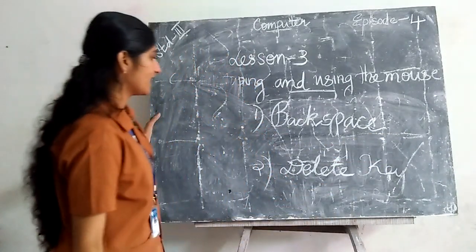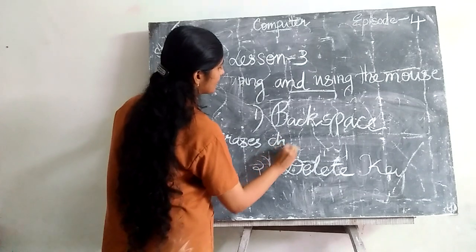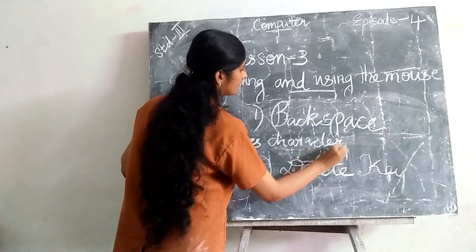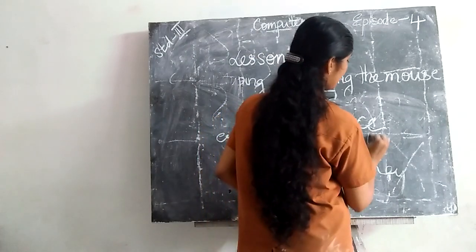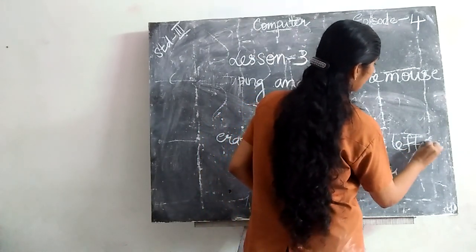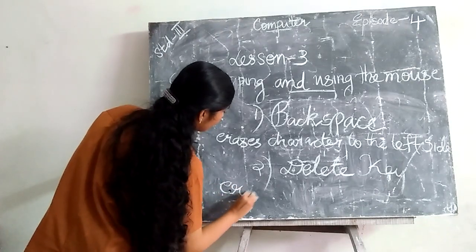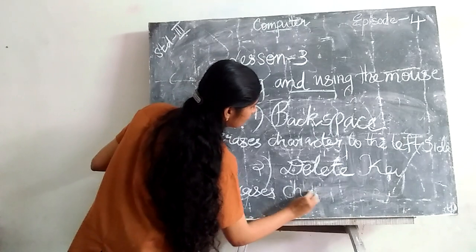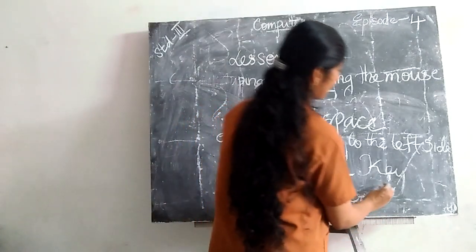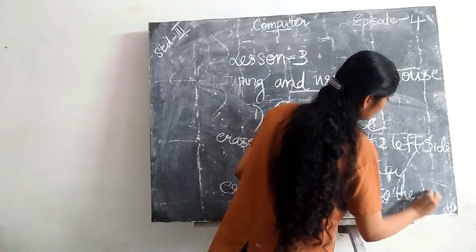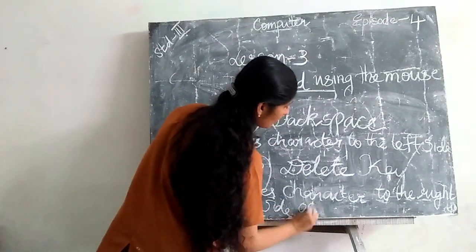So the backspace key erases the character to the left side of the cursor or insertion point, and the delete key erases the character to the right side of the insertion point or cursor.